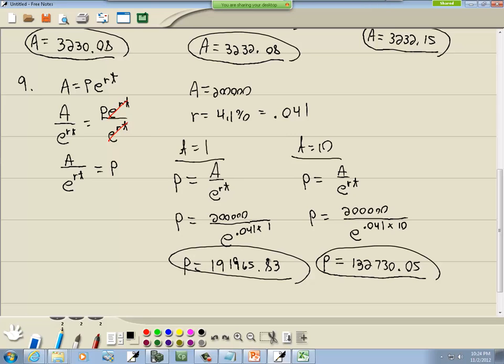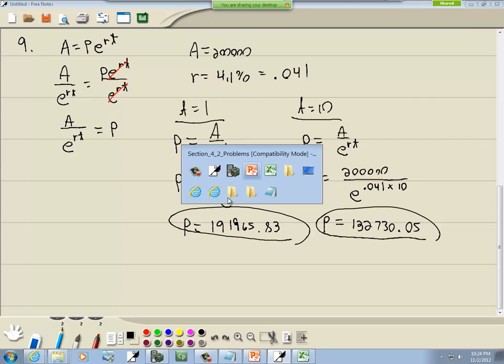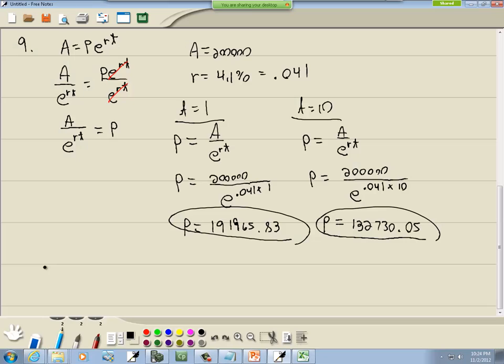Okay, since this is so easy, let me just go ahead and finish this. So we got T is equal to 20, T is equal to 30, T is equal to 40, and T is equal to 50.